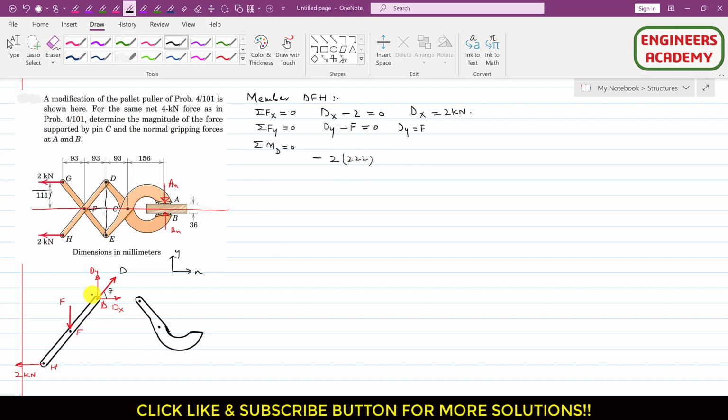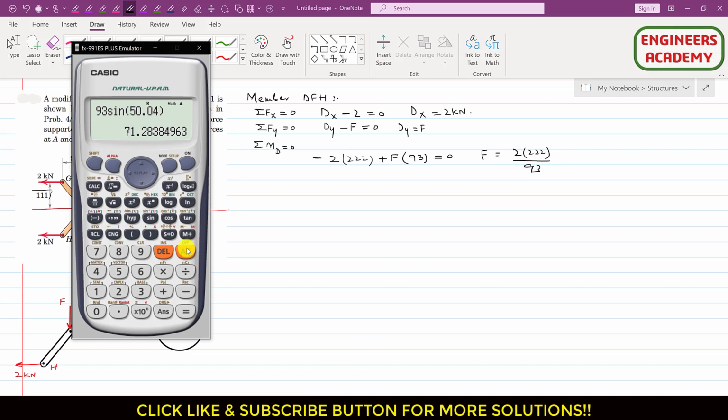Similarly, this F is producing the counterclockwise moment about point D, so I will write plus F, and the perpendicular distance of this F from point D is this 93 mm distance, so I will multiply this with 93, and this will be equal to 0. We can say that this F will be equal to 2 into 222 divided by 93.